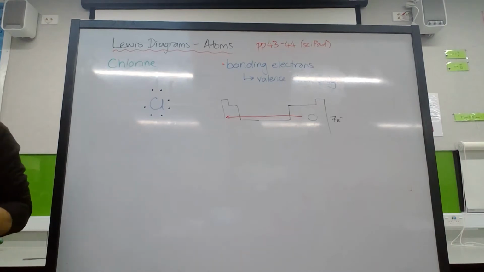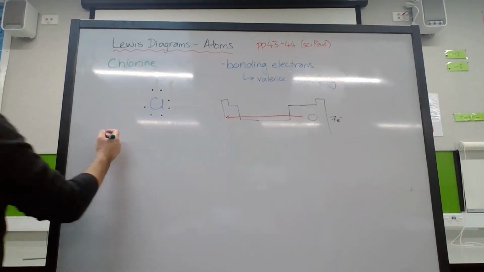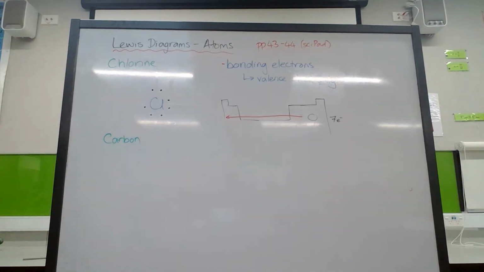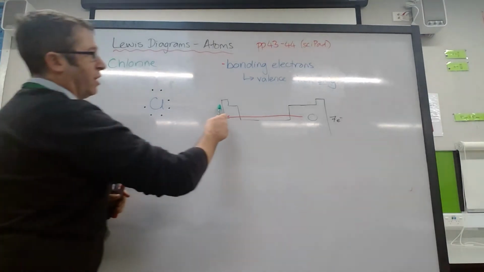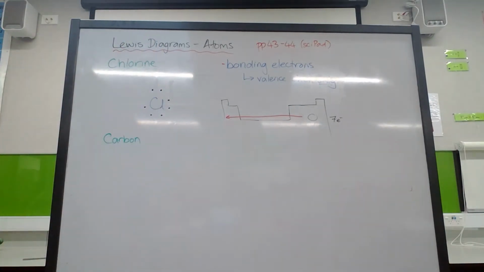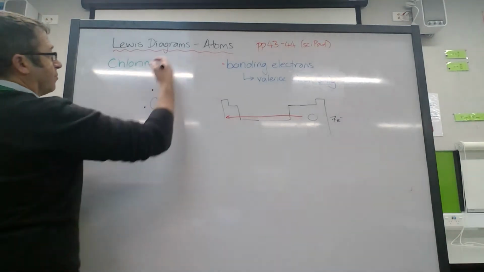Let's say I had carbon, because carbon is a very commonly used one. Carbon is number 6. So when I go across to where it is, it's 1, 2, 3. It's the 4th one along in the second period. So I've got 4 electrons for this one.